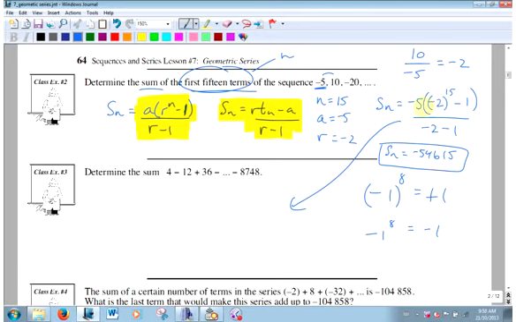BEDMAS, I have to go -2 to the 15. I can't subtract this from anything, but I could clean up the bottom. -2 to the 15 minus 1. -2, -1 is -3. But how many times does 3 go into 5? Is it even worth doing? Yeah. Okay, that doesn't really help me.